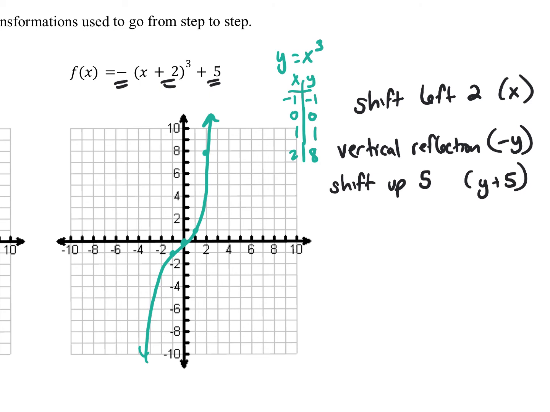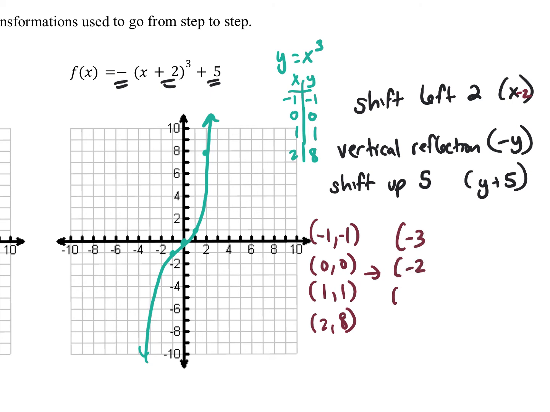But if we take those starting points we had, negative 1, negative 1; 0, 0; any points you want are fine as well; 2, 8. So when I change them, the only thing for the x is I'm shifting left 2, so I'm subtracting 2. So that's going to be negative 3, negative 2, negative 1, 0.